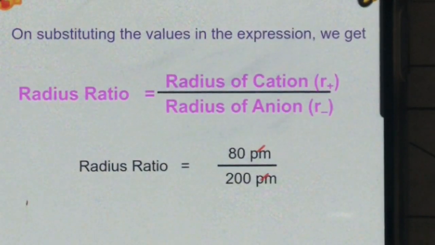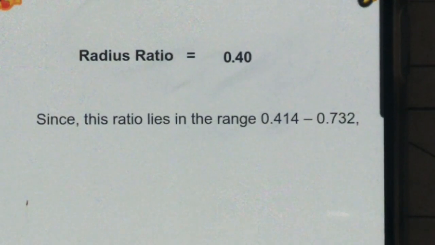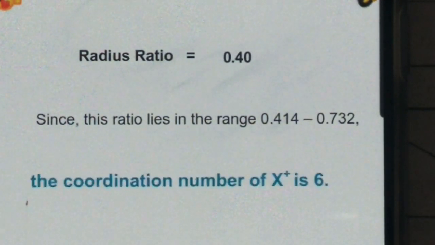Substitute the values in the expression of radius ratio. The radius ratio 0.40 lies in the range of 0.414 to 0.732. Therefore, the coordination number of X plus is 6.